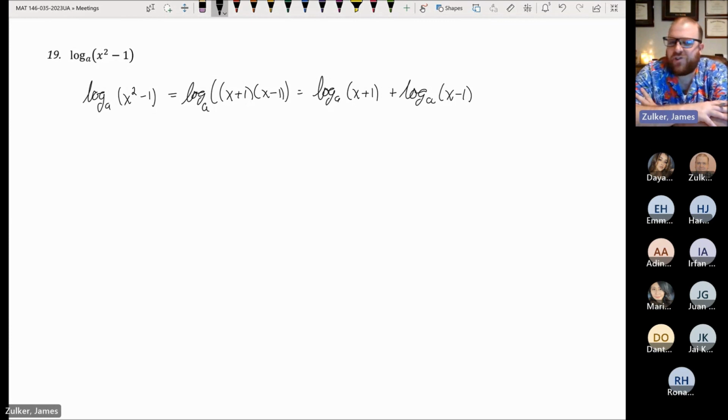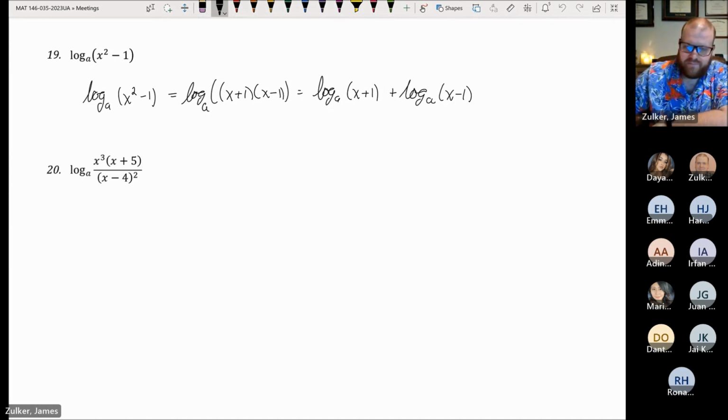Now, is there any other simplification that can be done? Very good, there's not. So that'd be our fully expanded form.